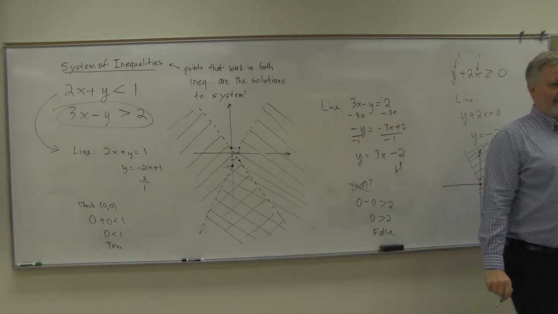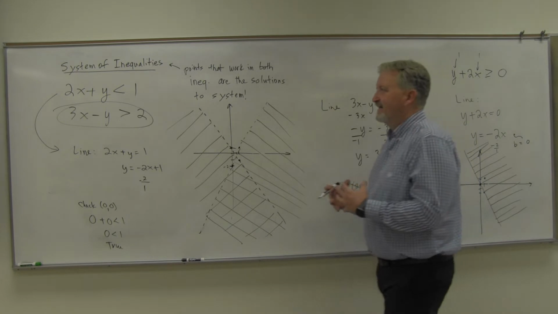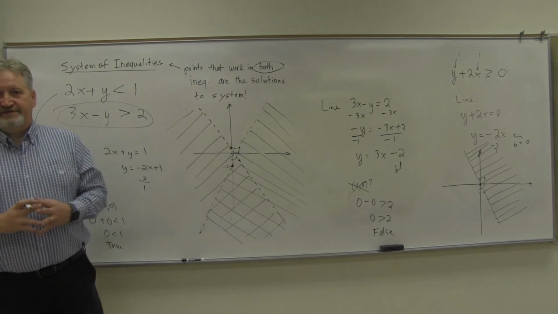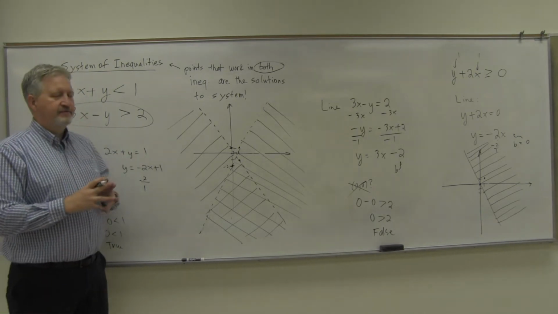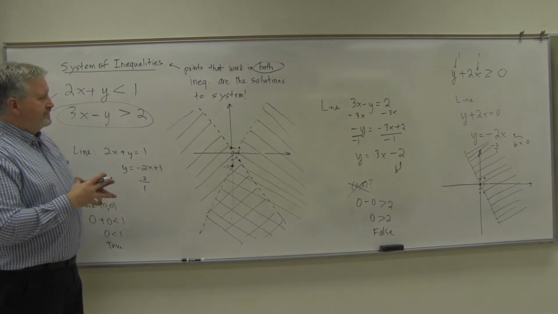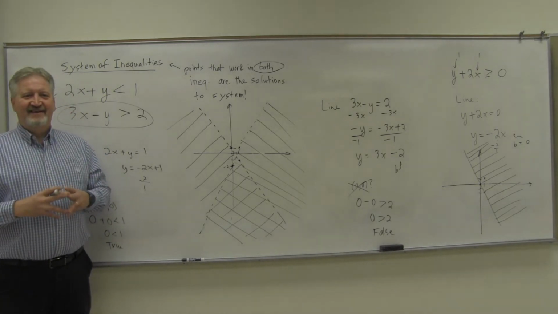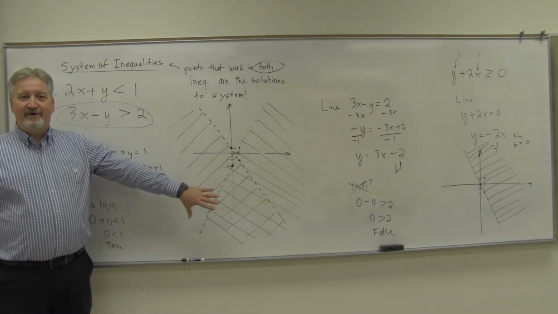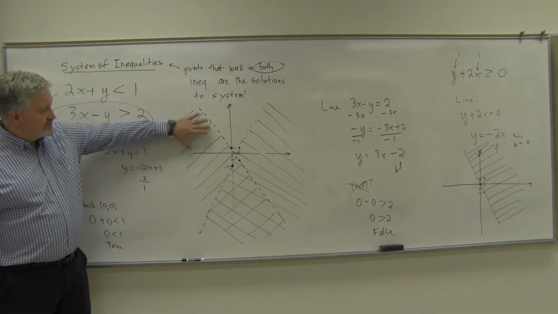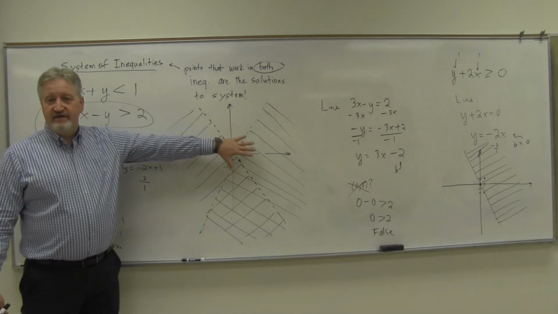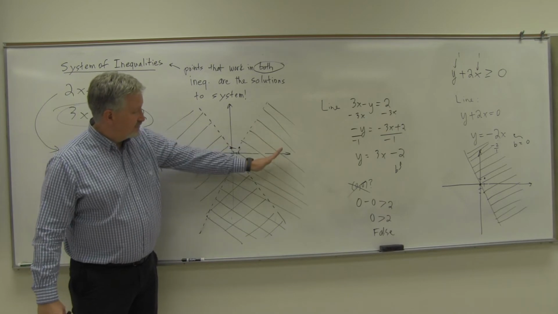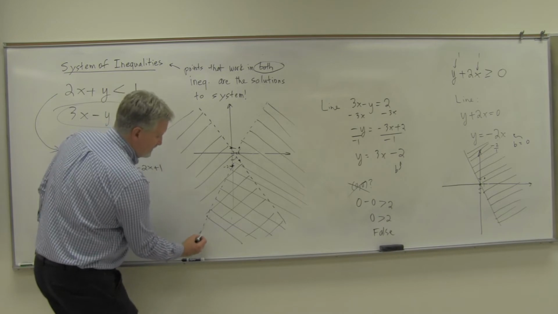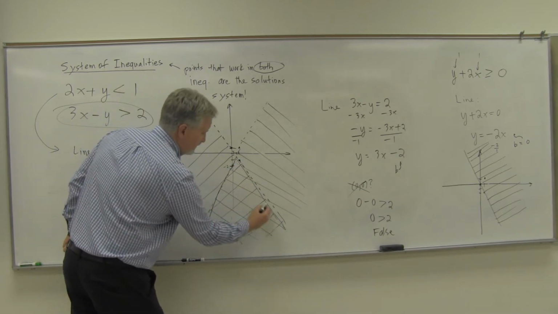Yeah. So the deal on systems is it's got to work points. We got to look for points that work in both inequalities. Well, where would that be? That's where I got the crosshatching, isn't it? That's the points that work in both of them, because up here, I'm shaded for this one, but I'm not shaded for the other. And in this part, I'm shaded for this one, but I'm not shaded in this one. You see what I'm saying? It's got to work in both, so that's going to be in this area right in here, isn't it?